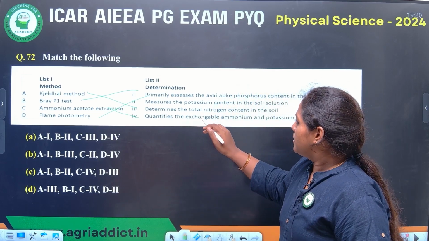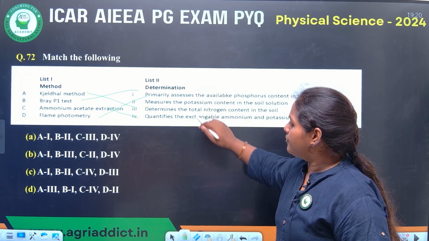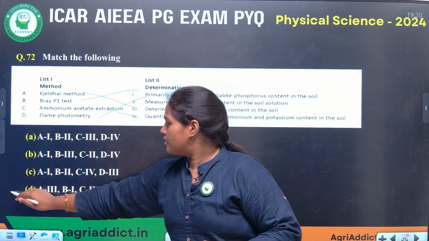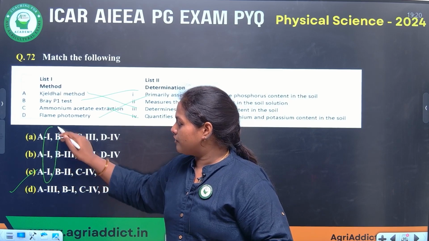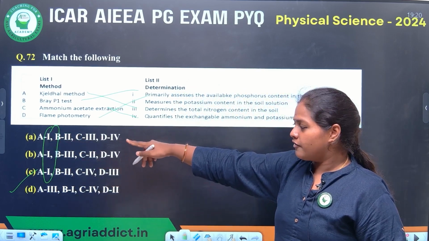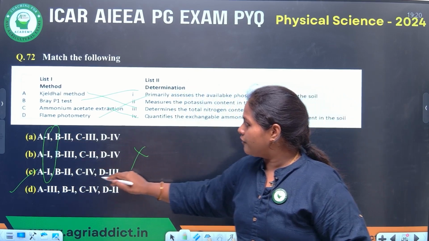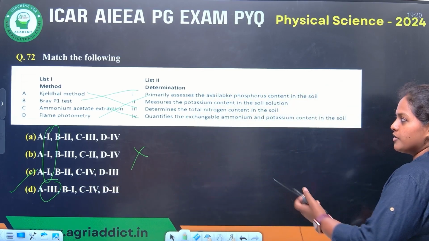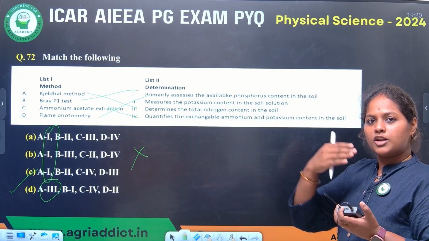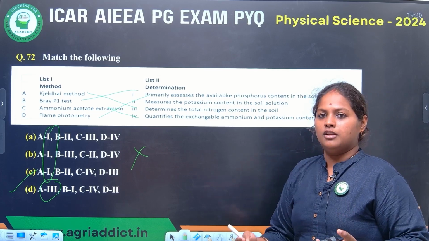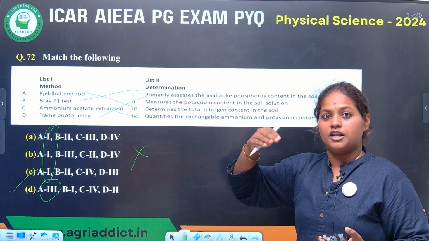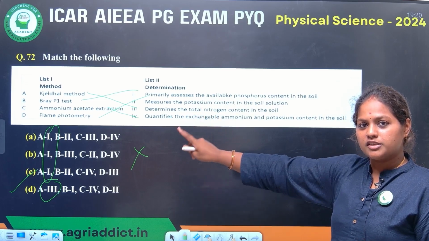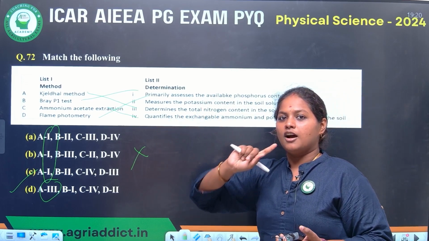Answer is 3, 1, 4, 2. Here also, see, A is the first of three options. For A, 1 is given. You can easily eliminate it if you know Kjeldahl method is for nitrogen. How simple it will become. See, it's all about how you approach the question, how you see the options and eliminate them also. Sometimes elimination is the key to answer unknown questions.